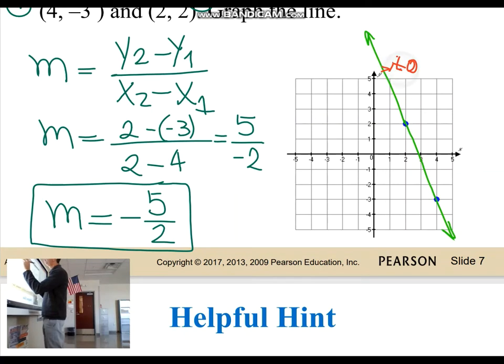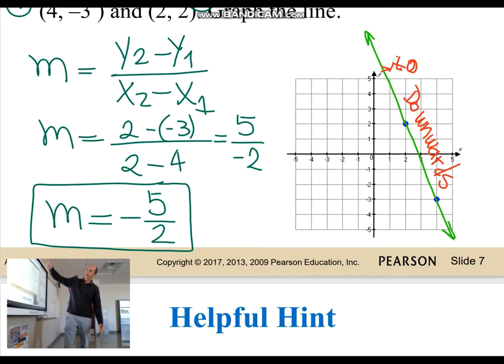He's walking from left to right, and now he's going on this line here. He's moving downwards. Okay. If the slope is a negative number, the line goes downwards like this.